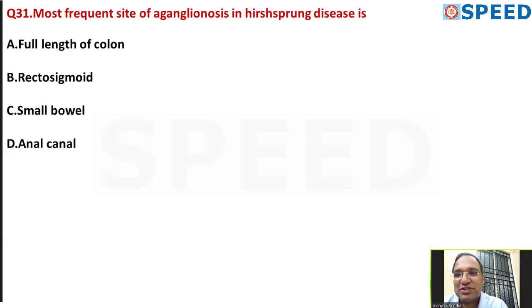Anyway, the right answer will be rectosigmoid. Whatever might be the type of question, preferred site or frequent site, rectosigmoid is the most common. The discussion was at length and breadth of this, and we have discussed all the types of Hirschsprung disease, the method of diagnosis, everything in detail, and this is a straightforward question you would have answered right.